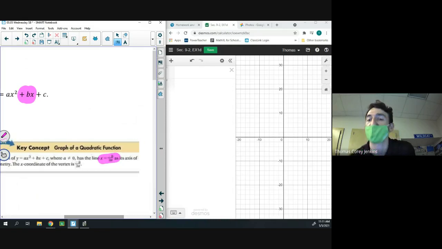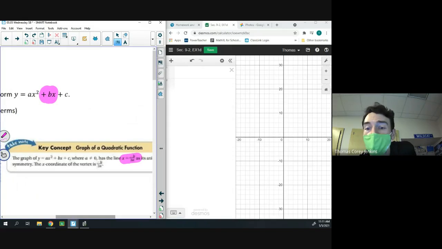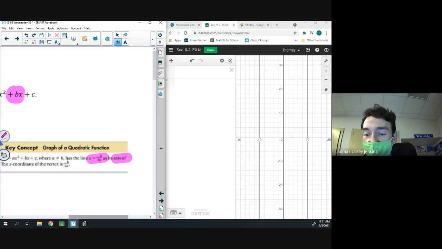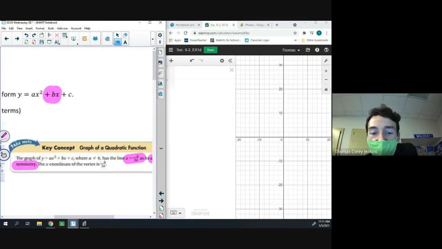I would highlight or circle that. x equals negative b over 2a. That is actually part of another formula we're going to end up using later in this chapter. And that is called the axis of symmetry. It's one of our vocabulary terms. So we're going to practice on using that today and Desmos.